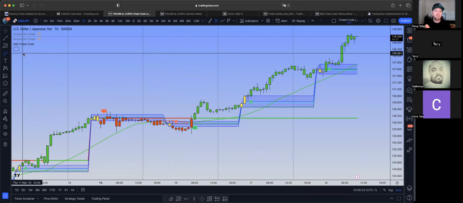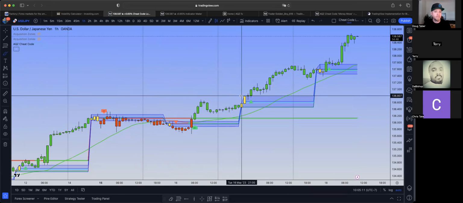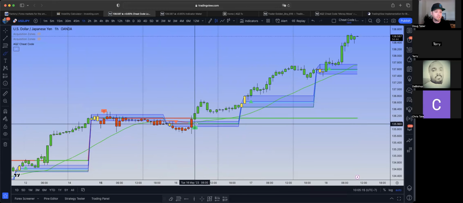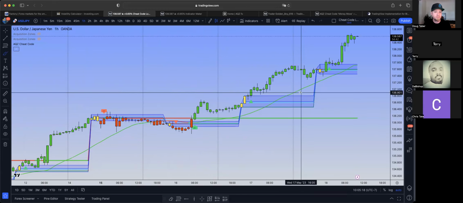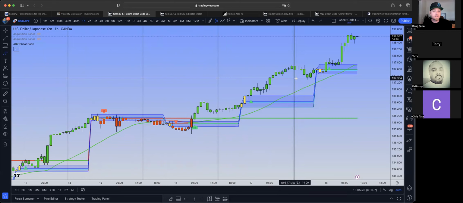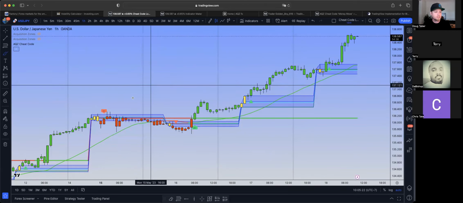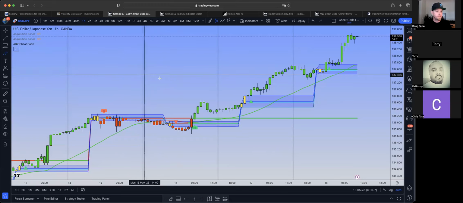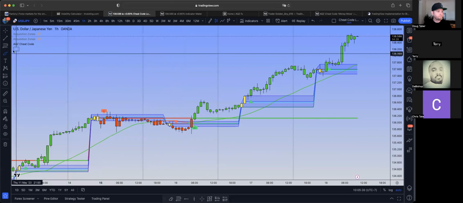Just stay patient, work on your discipline. Don't get too greedy. You know, I have my own personal issues with greed and gambling that I'm working on. But this system is the best system I've ever seen before, and I've tried a lot of systems in the markets. Okay, so just stay disciplined, work on your patience, and you'll be good to go.